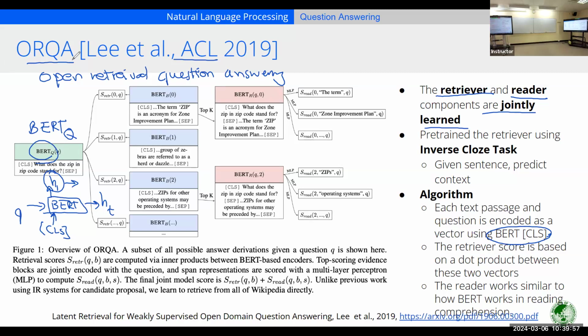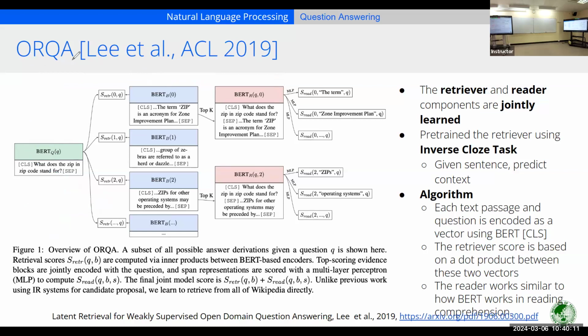So the next thing we want to do is, we also have another BERT. It's called BERT B, but this B actually stands for the document.